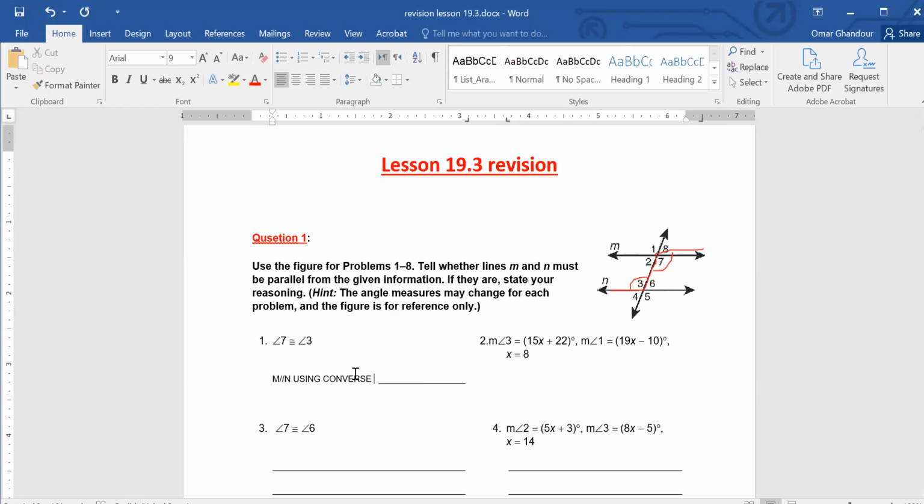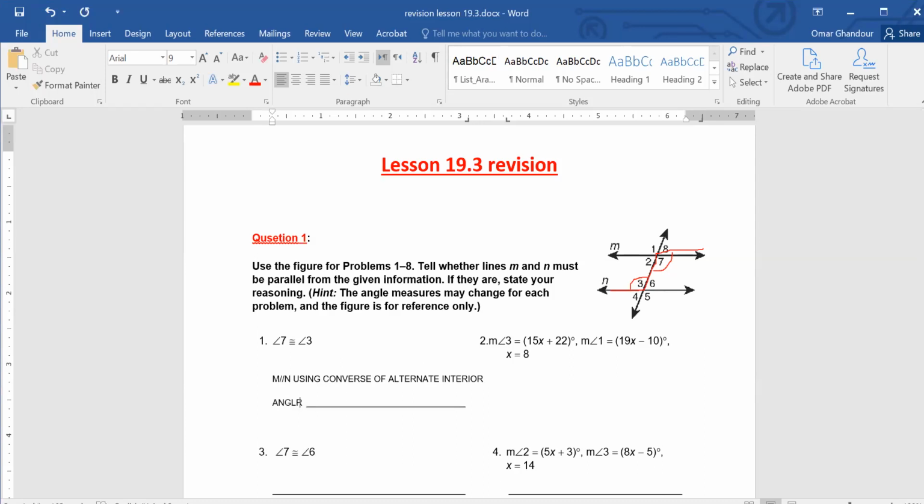So please make sure to write the word converse. So using converse of alternate interior angle theorem. Okay, very good.